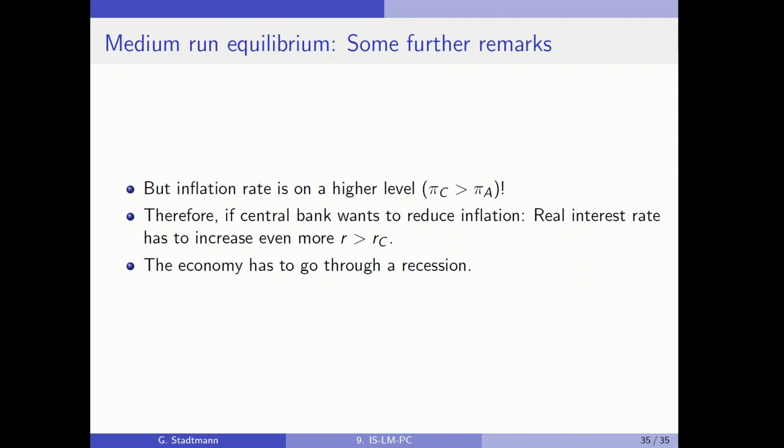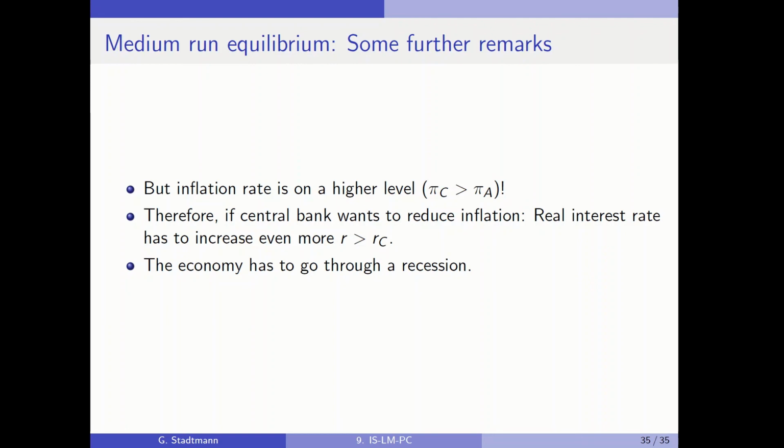This is the case because during the whole adjustment process, the realized level of GDP was higher than the new natural level of GDP, and therefore the inflation rate increased, and increased again.